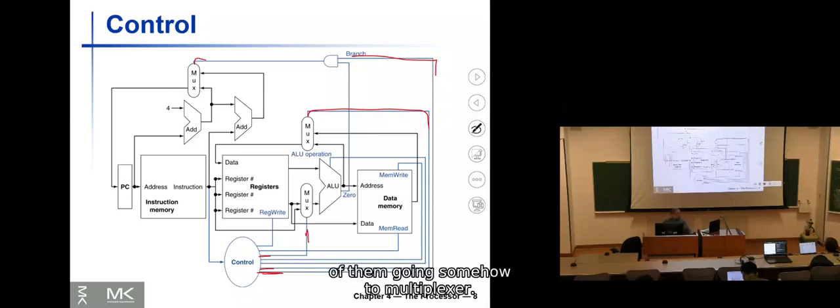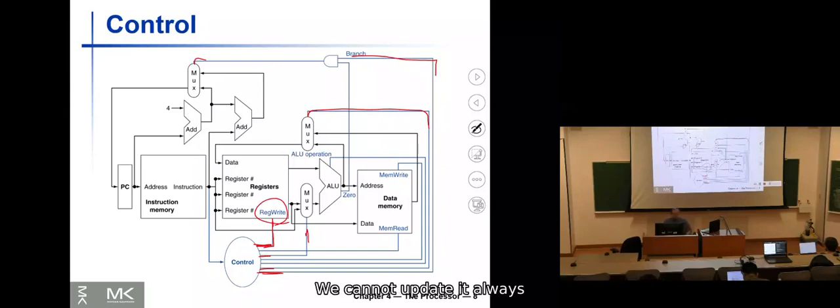So three of them go to the multiplexer, but there are more controls. For example, let's see this one. This is a controlling signal which controls the register file, and it tells the register file when to write, when to update the register.